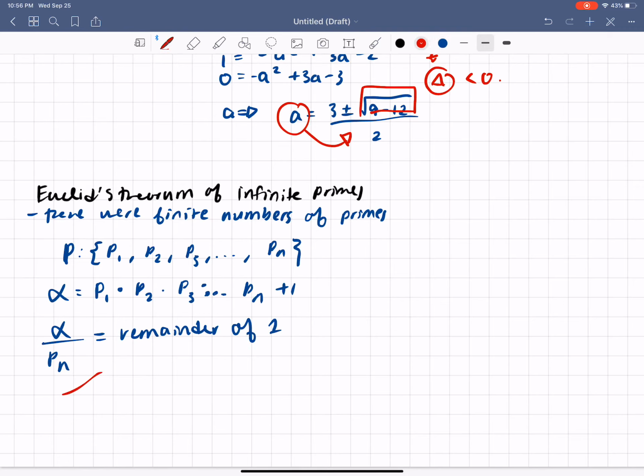So in this instance, alpha cannot be divided wholly or completely by any prime number.